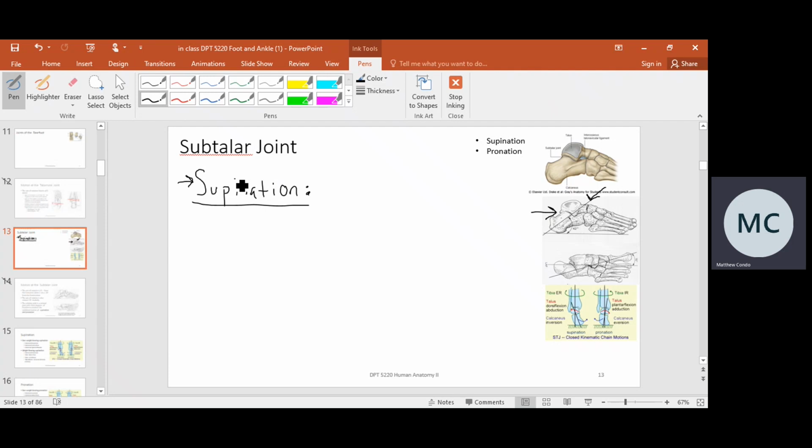And the reason that they're happening as well, why we have these complex combination motions, is that the talus does articulate at, if you read in Gray's, 3 different articulating processes or 3 different facets. But if you look at a top-down picture, if you remove the talus and look at those facets, they're all angled just a little bit differently.